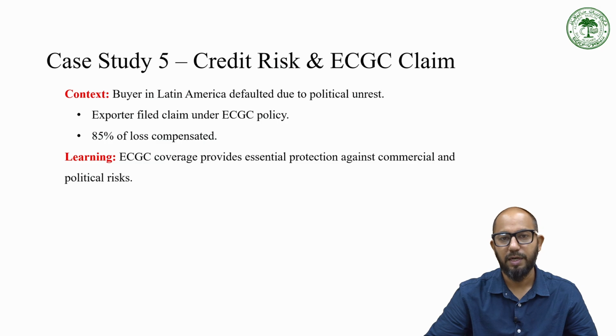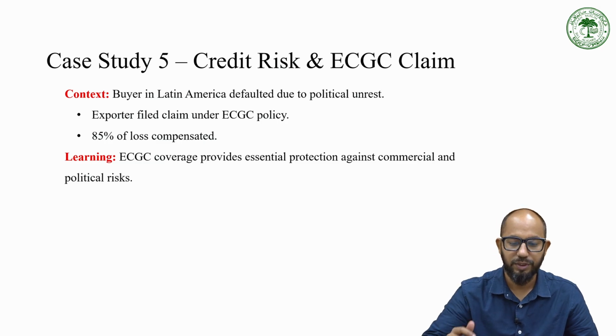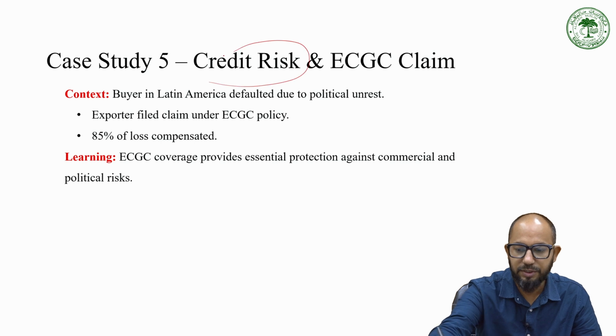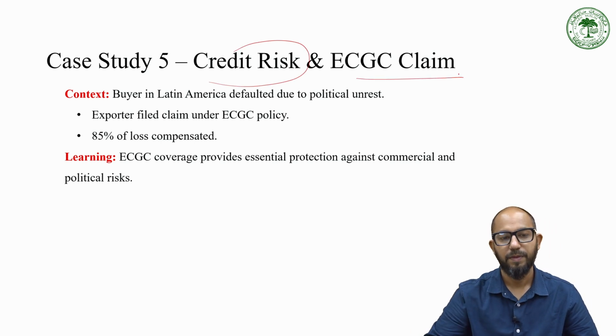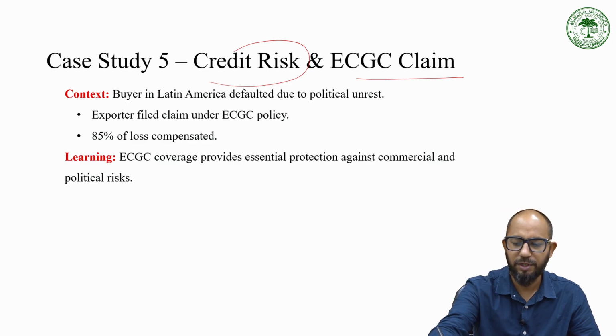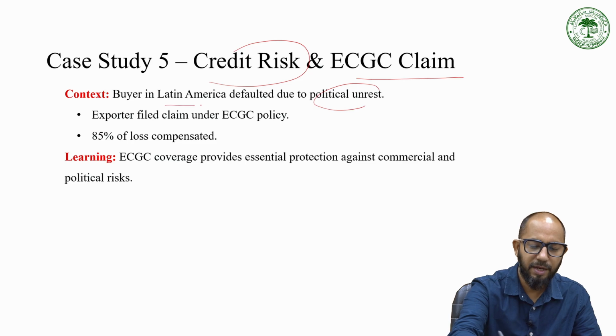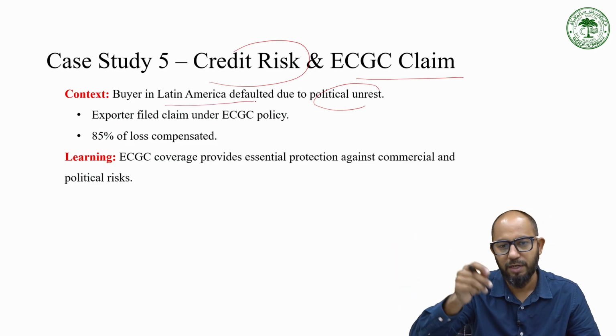Dear students, let us now see another case scenario wherein we are going to see the credit risk and ECGC claim. Now, a buyer in Latin America defaulted due to political unrest. There was some political unrest, and the Latin American buyer, the importer, has failed to pay.